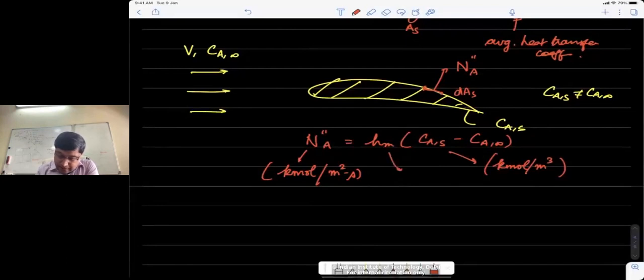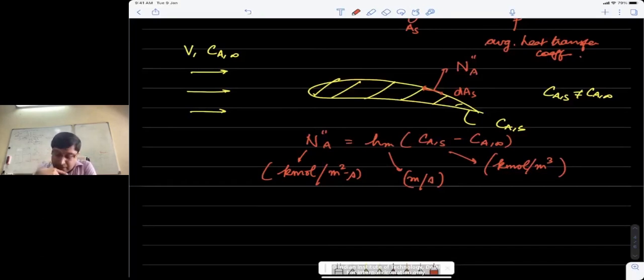And because of this, the mass transfer coefficient will have units of meters per second. In the case of convective heat transfer, the convective heat transfer coefficient had units of watt per meter square Kelvin. But here it is meter per second, but the idea remains the same. It is a constant of proportionality, which is saying that the flux is proportional to the concentration difference between the surface and the free stream conditions.